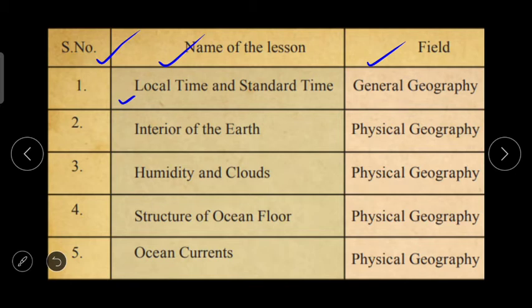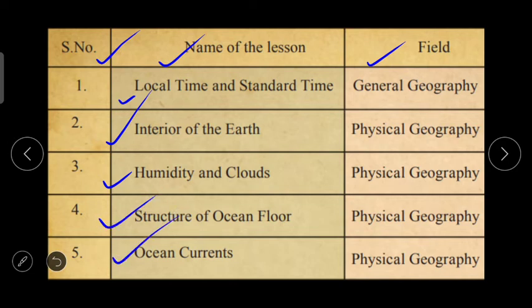Then interior of the earth. In this topic specially we will talk about the internal structure of the earth, then humidity and clouds, then the structure of ocean floor, and the fifth one, ocean currents.